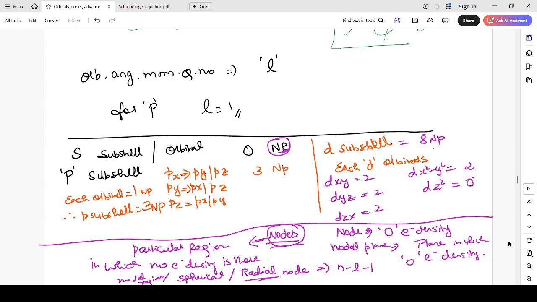Now the next type of node is called angular node. Ma'am, can you scroll down a bit?